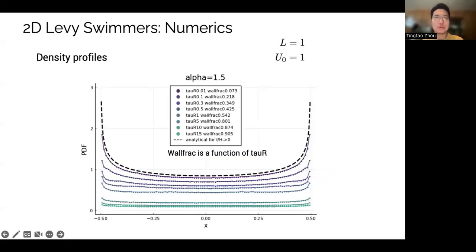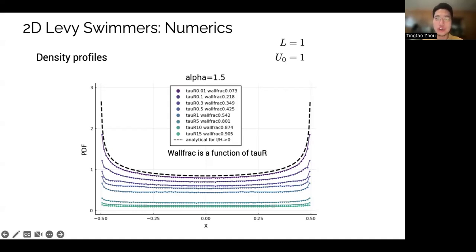Okay, so since we have the analytical form for the steady state density, we can compare that to our numerics. We did some numerical simulation for such 2D Levy swimmers, and we can change the mean of the waiting time distribution. As we change that tau r, the fraction of the swimmers accumulated on a wall also changes accordingly.